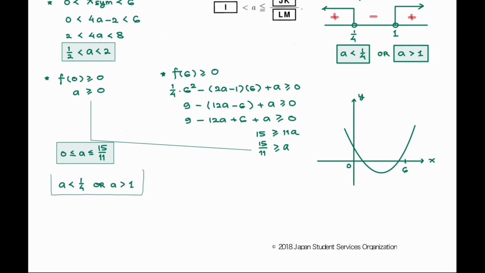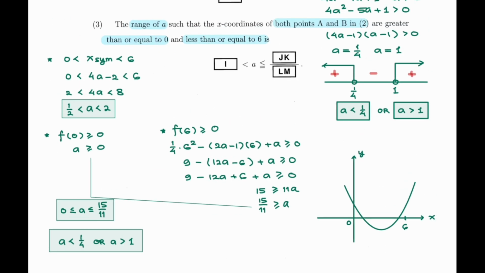These are three conditions that must be satisfied for our value of a so that the x-coordinates of both point A and B in question number 2 are greater than or equal to 0 and less than or equal to 6. By finding the intersection of these three conditions, I think we will obtain the final answer.